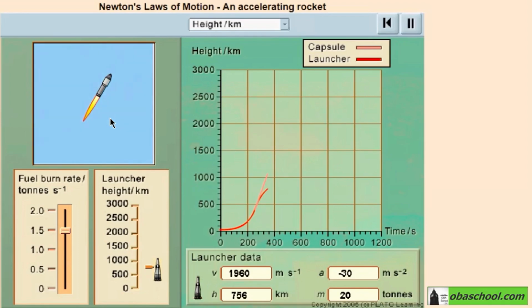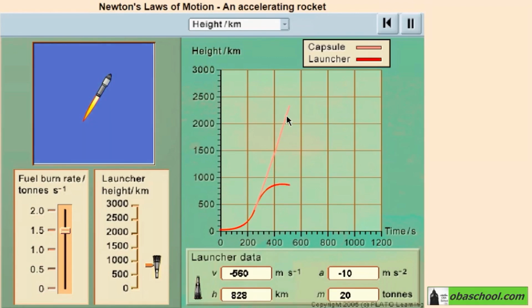And here's the graph. The red curve represents the launcher, and the light curve represents the capsule. It is accelerating highly. However, the launcher is returning back to Earth, as you can see.